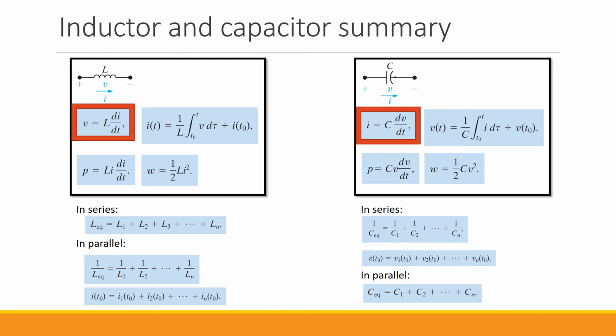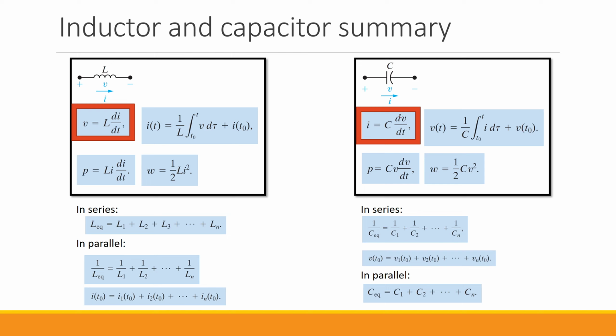As for the capacitors, the current that goes through the capacitor at any given time equals the size of the capacitor multiplied by the derivative of the voltage across it over time. And by doing some manipulations, the voltage across the capacitor at any given time equals 1 over C, the integral of the current that goes through the capacitor from time t0 to any time t, plus the initial voltage of the capacitor.